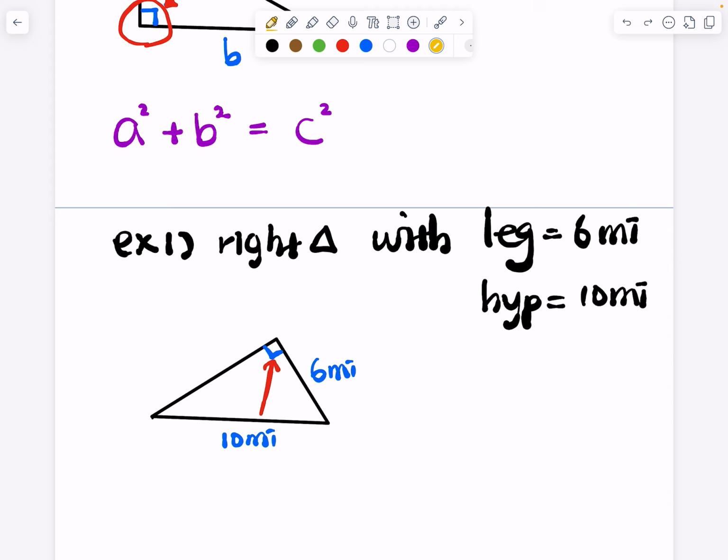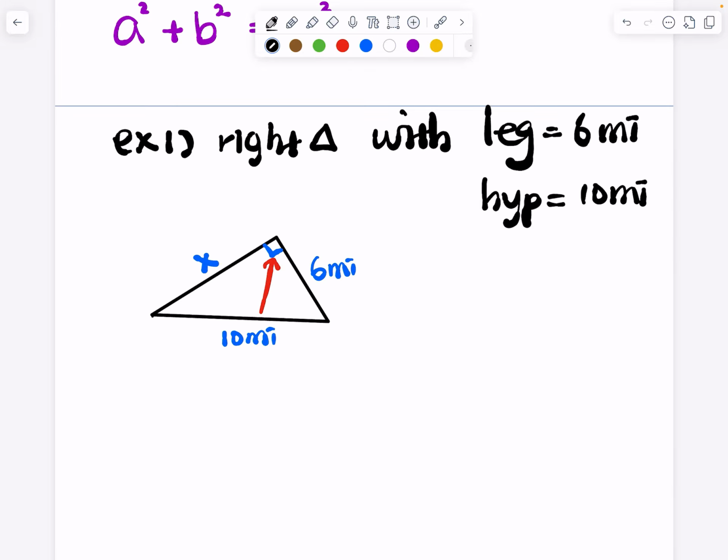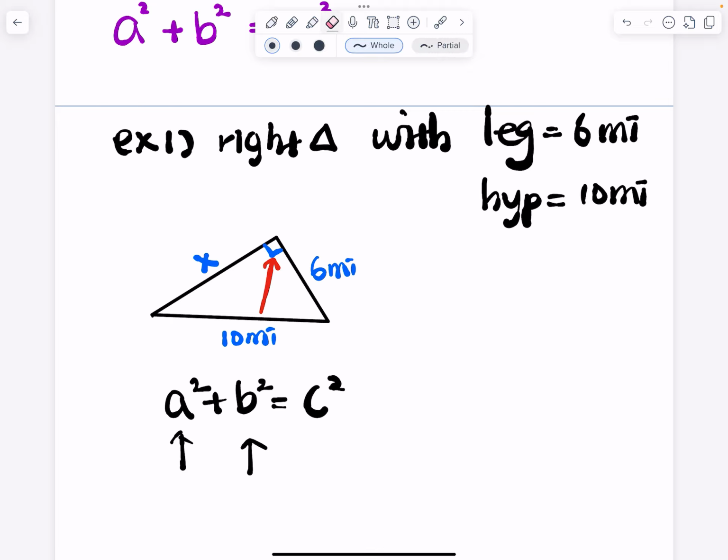All right, can you find the length of the other leg, the unknown length of the second leg? Let's call that x. Let's bring in the Pythagorean theorem, a squared plus b squared is equal to c squared. I can plug in 6 here or even there. The order of the legs doesn't matter, but what matters is the hypotenuse.